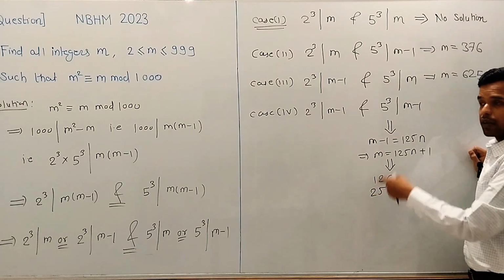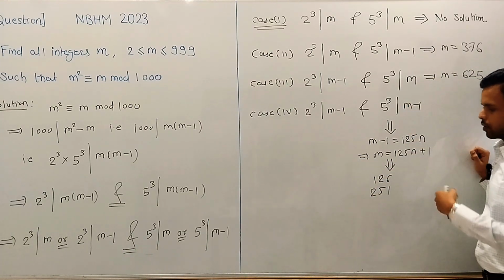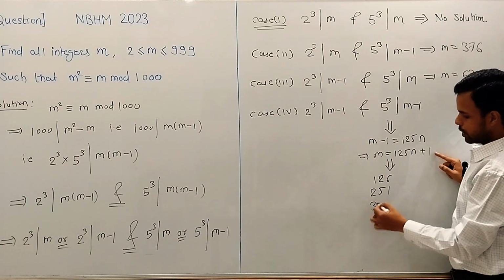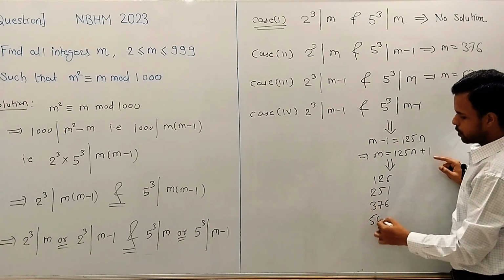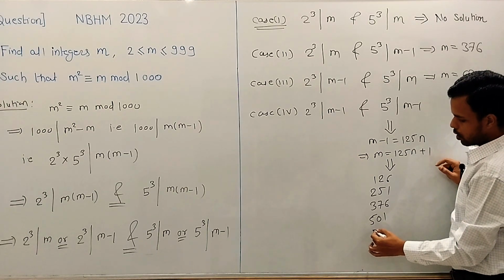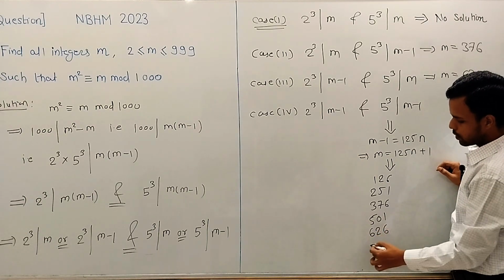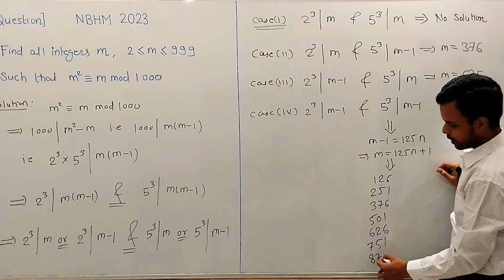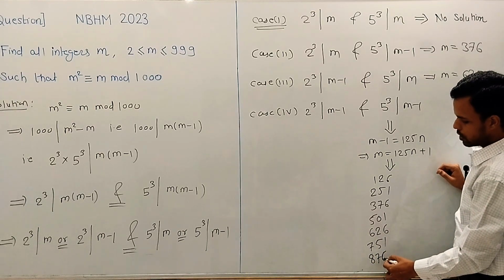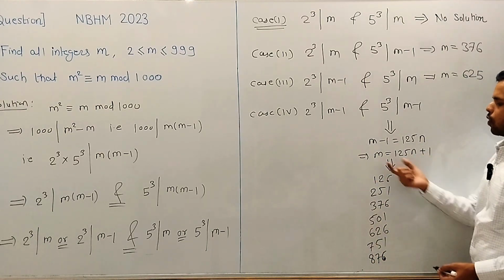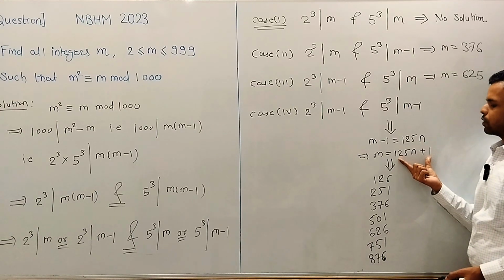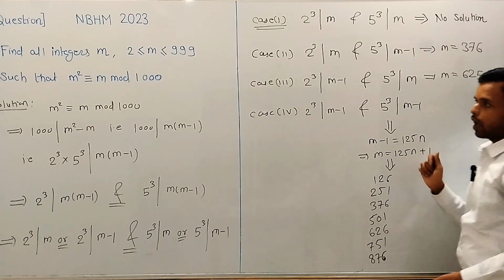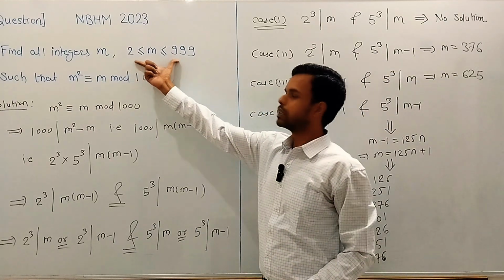We are adding 1 to those previous multiples of 125: 376, 501, 626, 751 and 876. So these are the only values of m which equal 1 plus a multiple of 125 and which lie between this range.